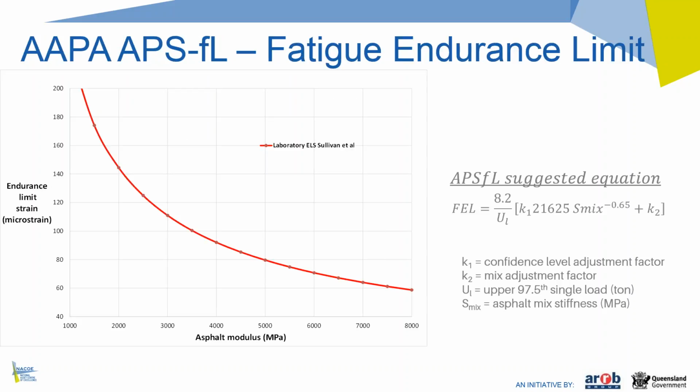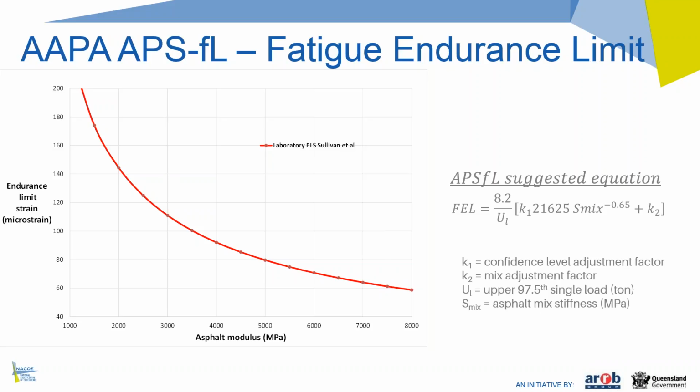Since we are considering how to implement this in Australia, I'll just give a very quick overview of the two recent studies done in Australia. The first one is the APA method, and this graph shows one of the fatigue endurance limits proposed by the APA method.